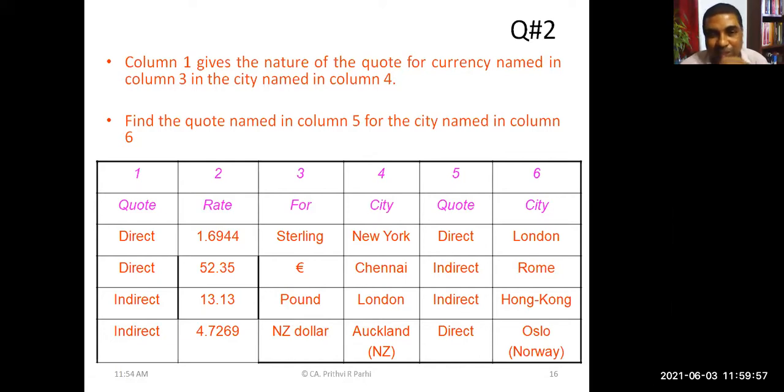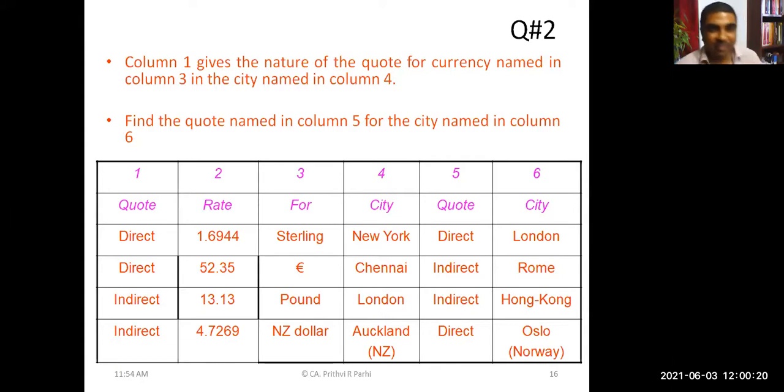So what is the home currency here in the city of Newark? Not pound. Newark is dollar. US dollar.